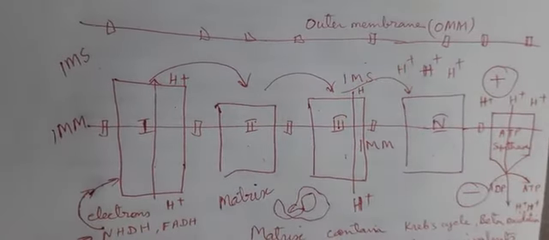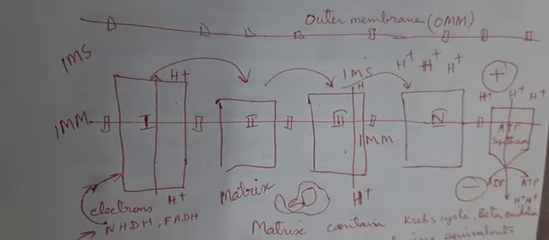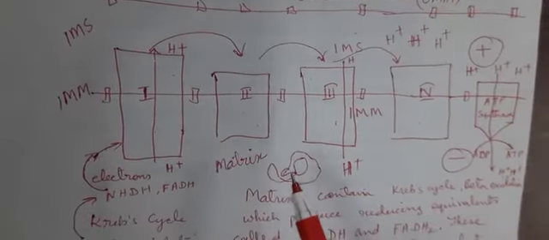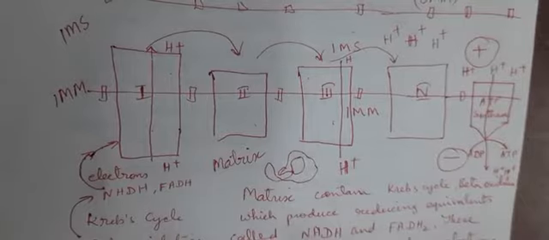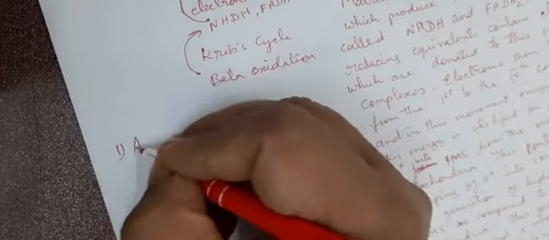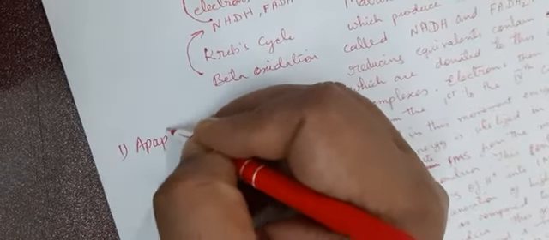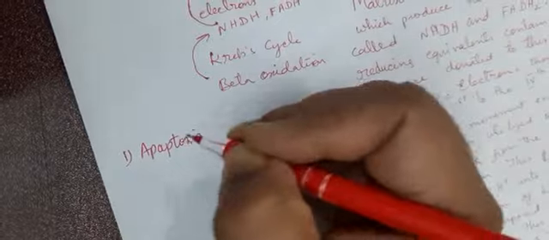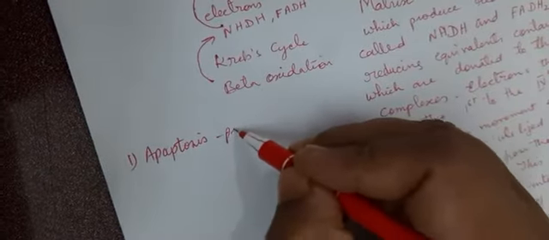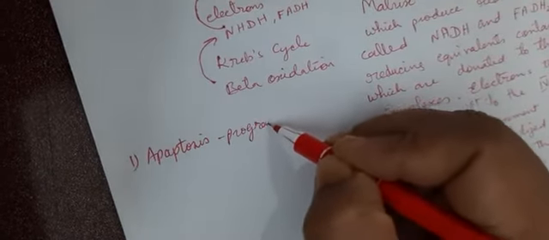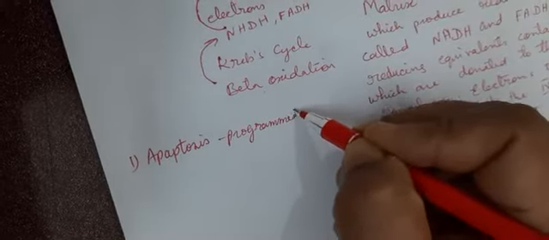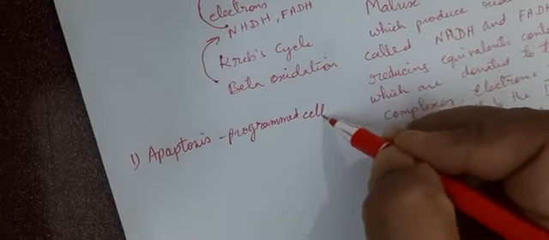But in addition to this, mitochondria also plays an important role in apoptosis, that is the programmed cell death.